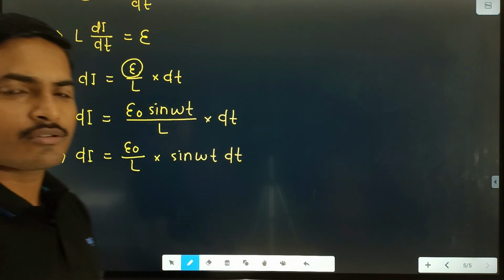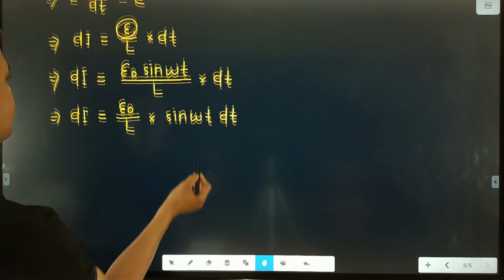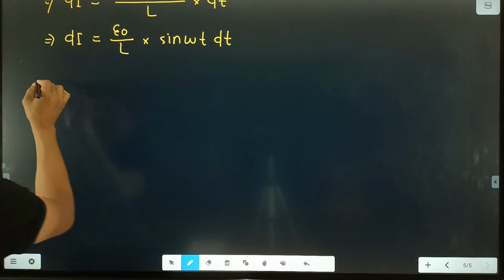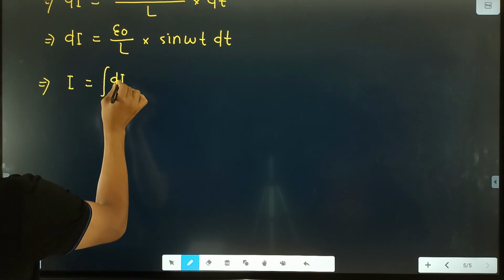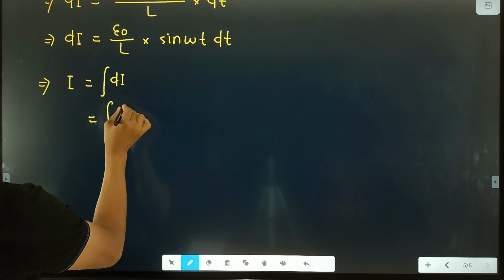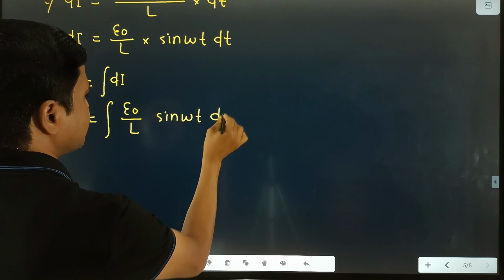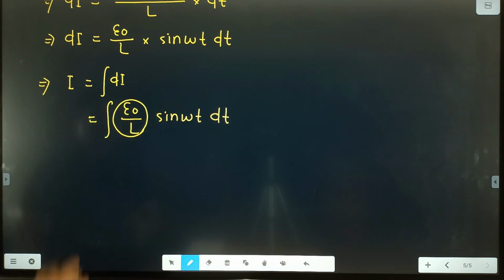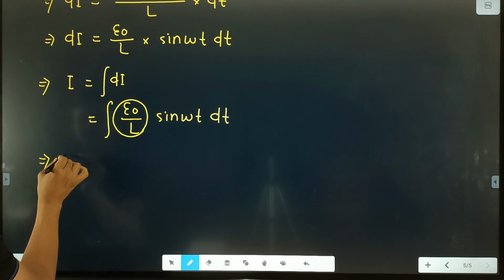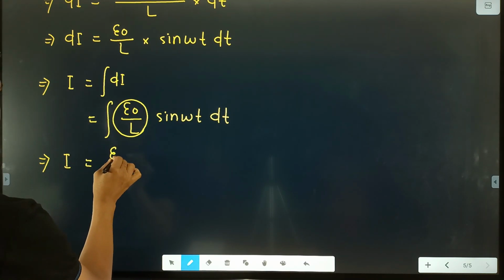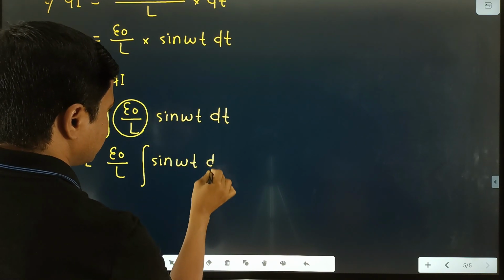What is the total current? Total current is equal to the sum of all the small currents. So total current I is equal to integration of di, which is equal to integration of E0 by L multiplied by sin omega t dt. E0 by L is a constant, we take it out of the integration, so the instantaneous current I is equal to E0 by L integration of sin omega t dt.